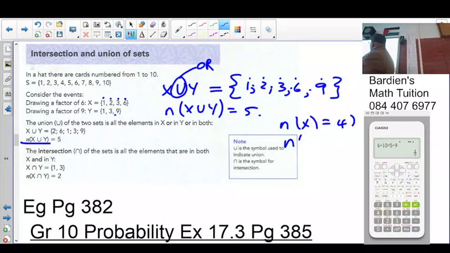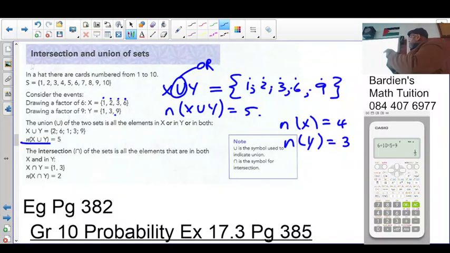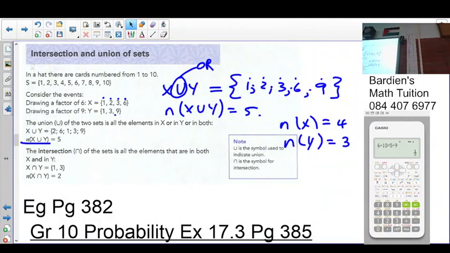What is the number in Y? 3. What's 4 plus 3? 7. But 7 is not the same as 5. Can you see that? The numbers that are common to both are not counted twice as part of the union. You guys understand? Make sense? Not completely yet, until we do examples.